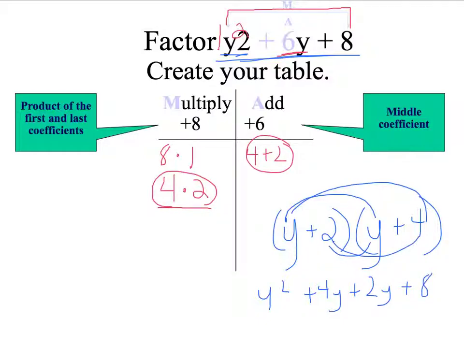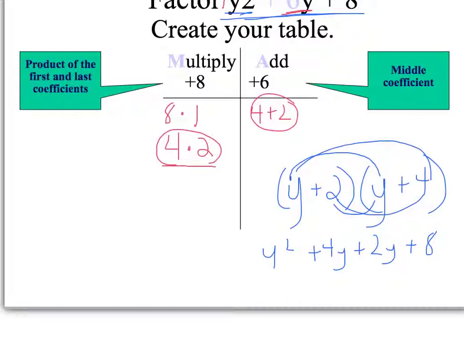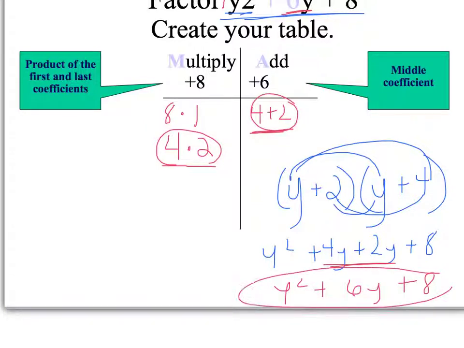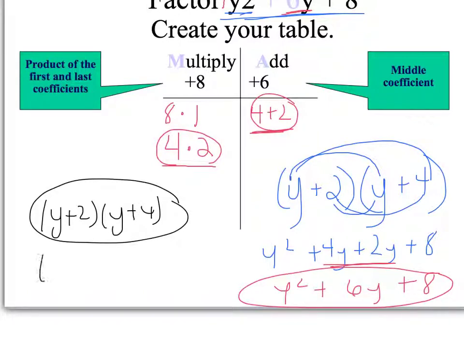So now we see that the two numbers in the center are added together, which is why we get 6y, and the first and the last are multiplied. When we do it, we see that it does work. So our answer is y plus 2 times y plus 4. And again, the order doesn't matter. You could have had it as y plus 4 and y plus 2.